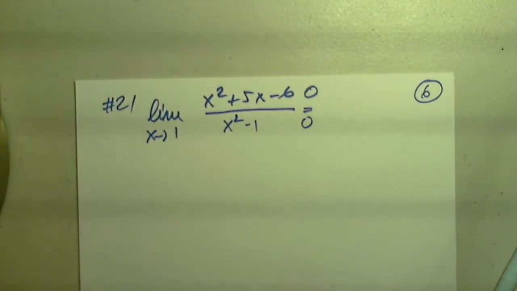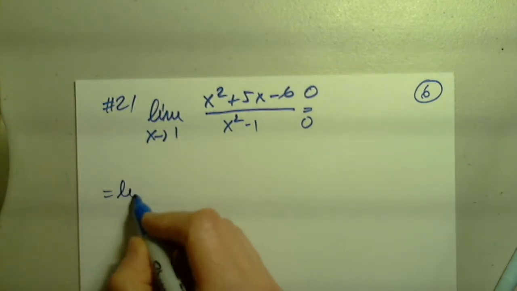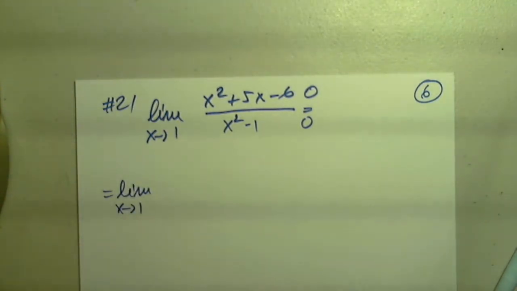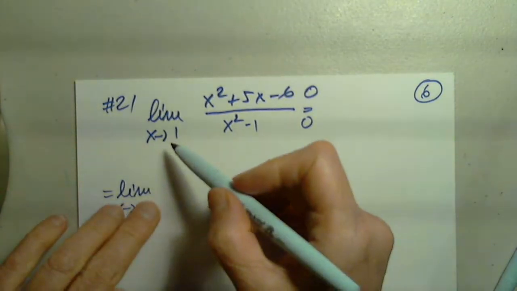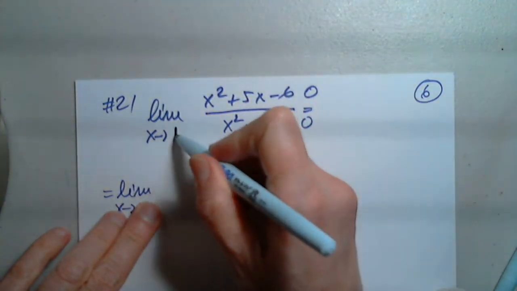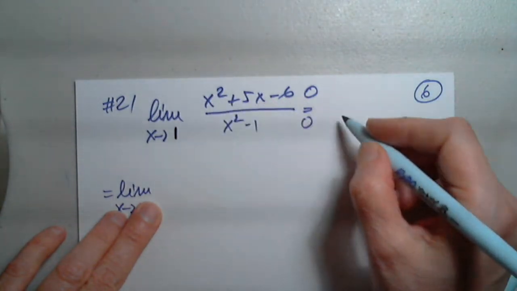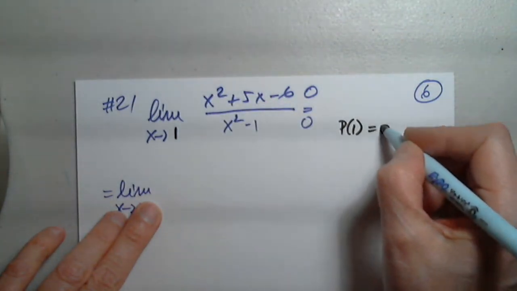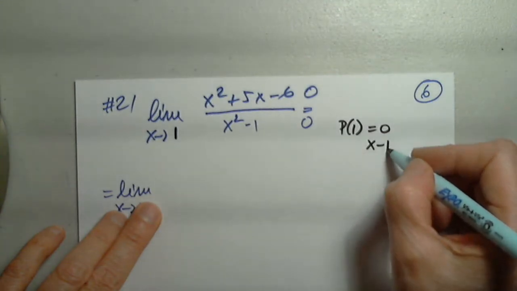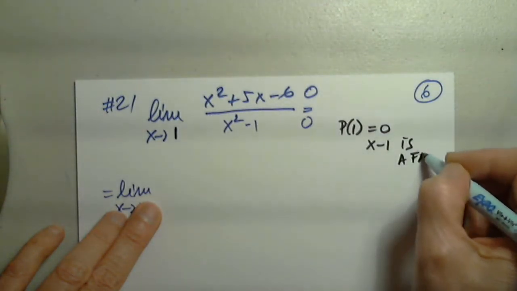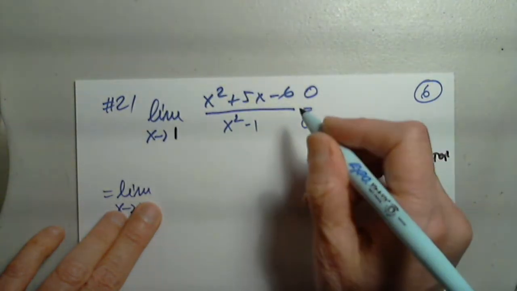Okay, so let's see. Is there something we can do here? And let me remind you, you may have heard of this or not. If we plug in a number in a polynomial, so this is a polynomial, so if I plug in 1 and I get 0, x minus 1 is a factor of that polynomial.